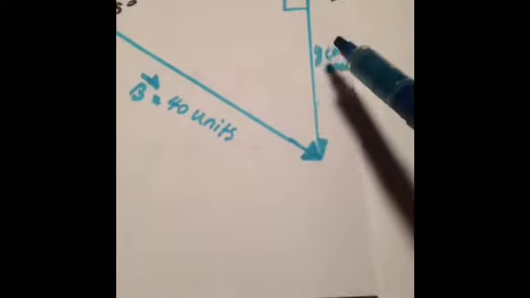Then to find your y component, your angle's still 25 degrees, so you do 40 units times the sine of 25 degrees.